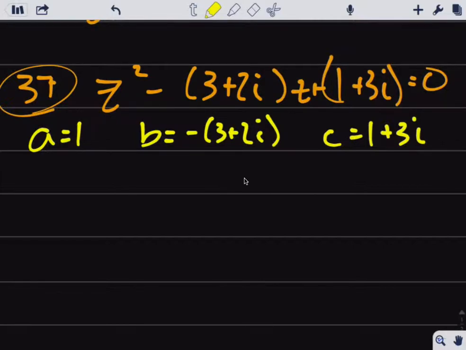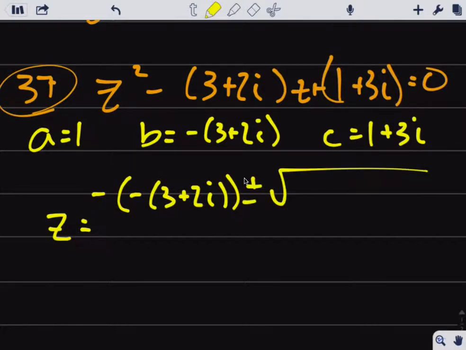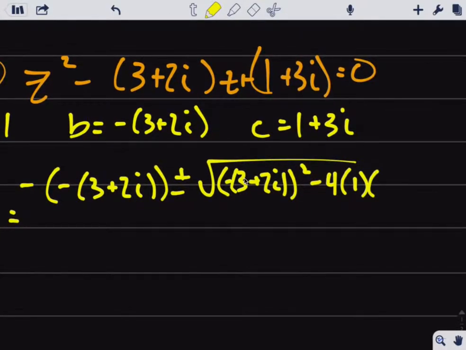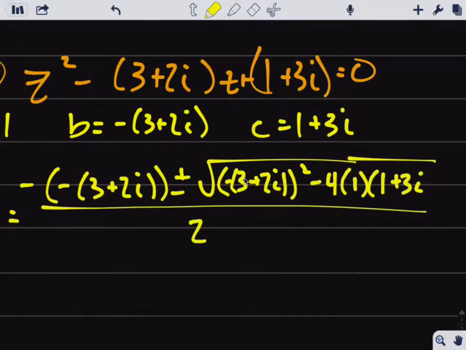So if we go from here, z is equal to negative b, in this case negative b, plus or minus the square root of b squared, negative 3 plus 2i squared, minus 4 times a times c, 1 plus 3i, all over 2a.